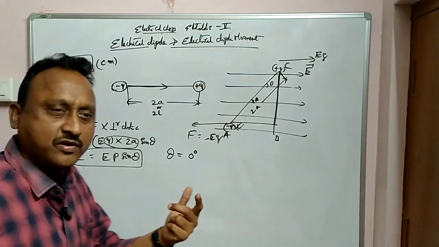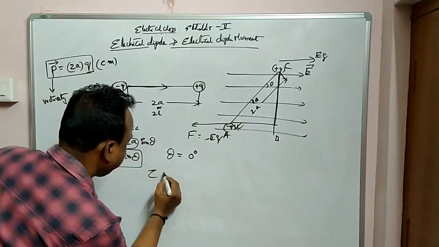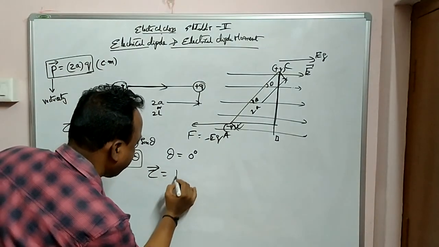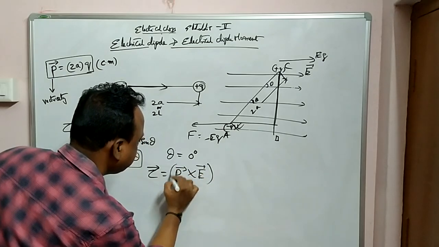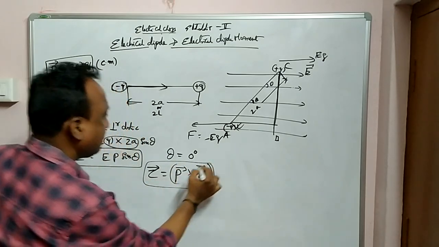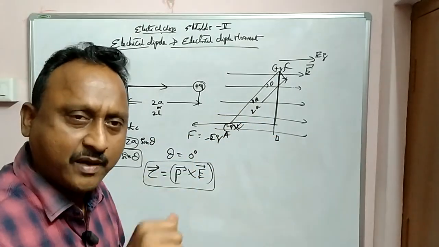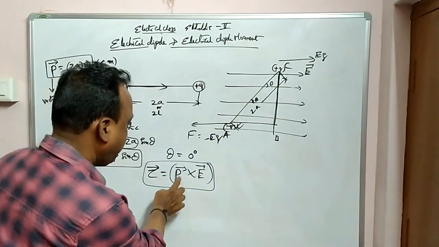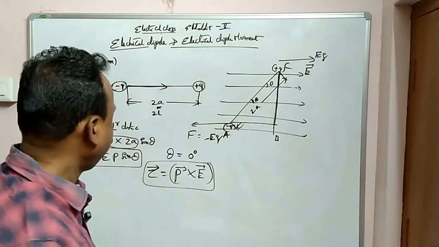This expression you can also write in vector form. Torque, I told you it's a vector quantity kada. You can write it in vector form, P cross E. Torque acting here can be represented as P cross E, mod P, mod E into sin theta. Here P is the electrical dipole moment, E is the electric field intensity.